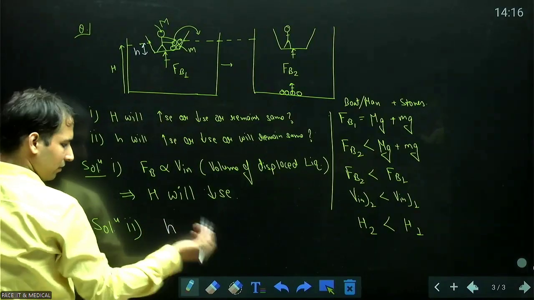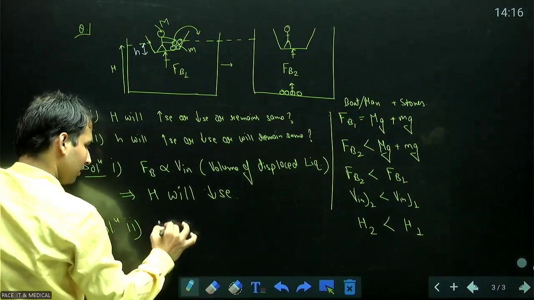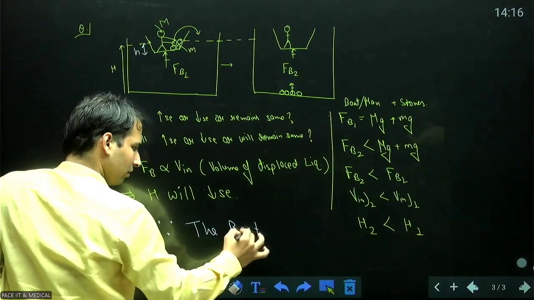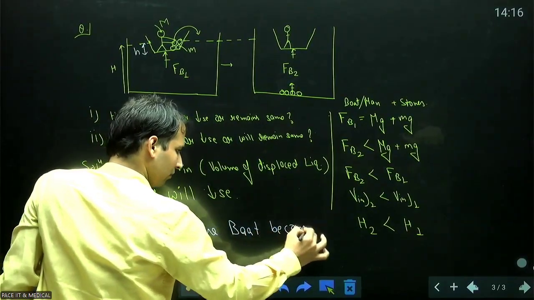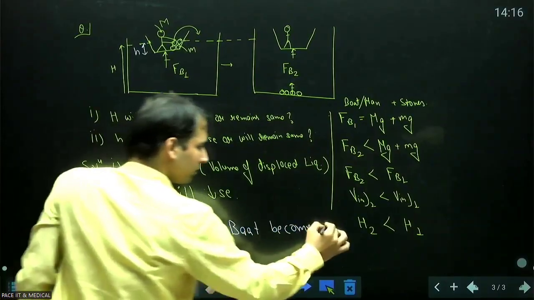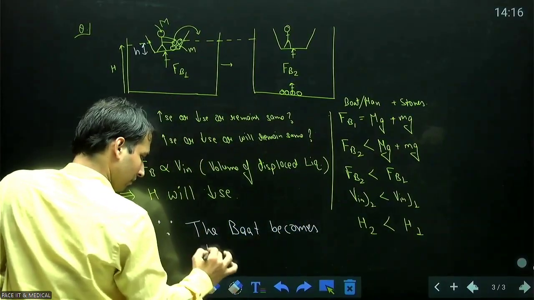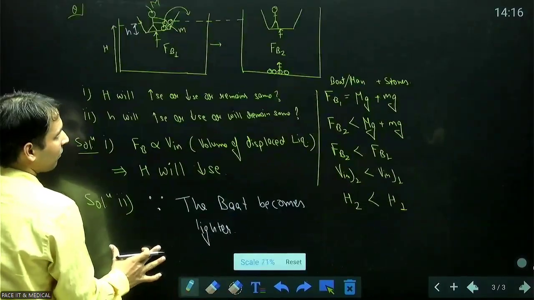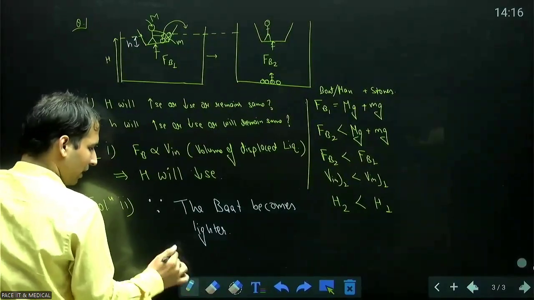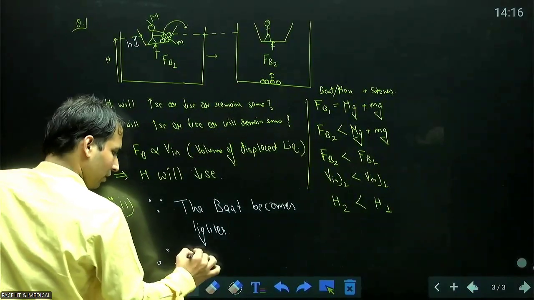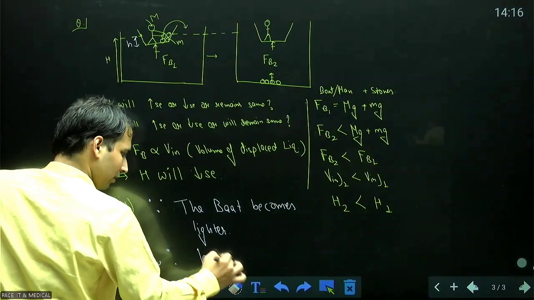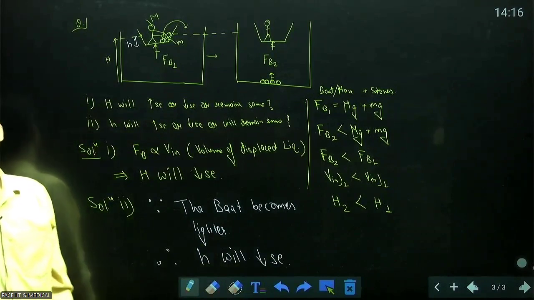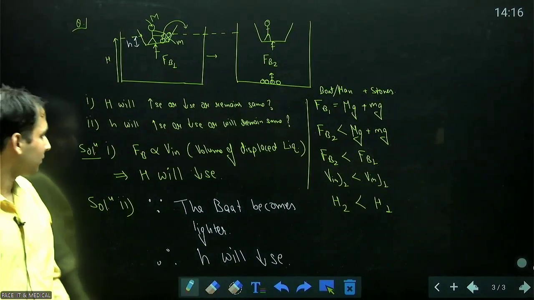So we can write directly, since the boat becomes lighter, therefore small h will decrease, right? So both the heights will decrease basically. Okay.